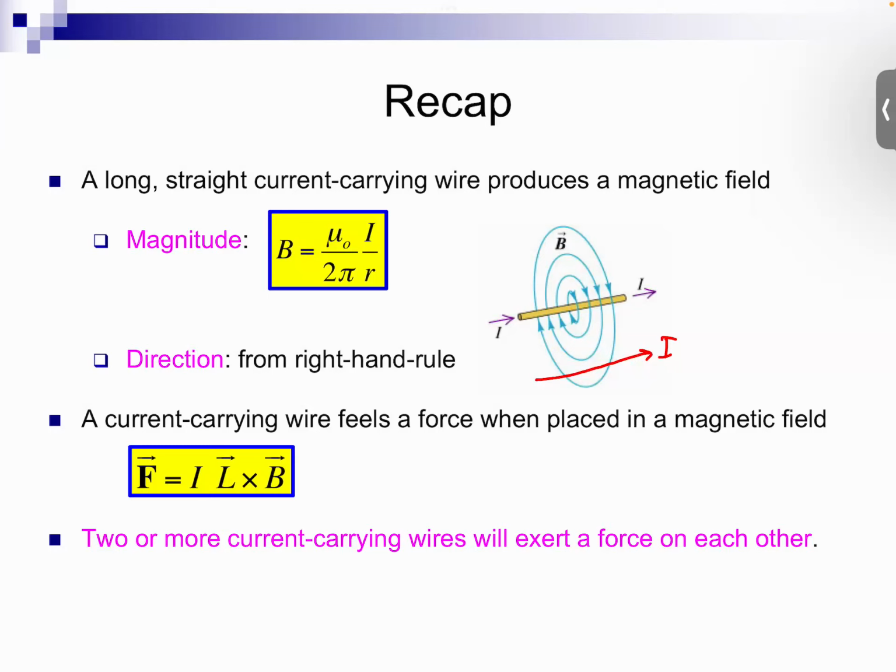Because current will create a magnetic field around itself, if you put a second wire, that second wire will feel the force due to the first wire.